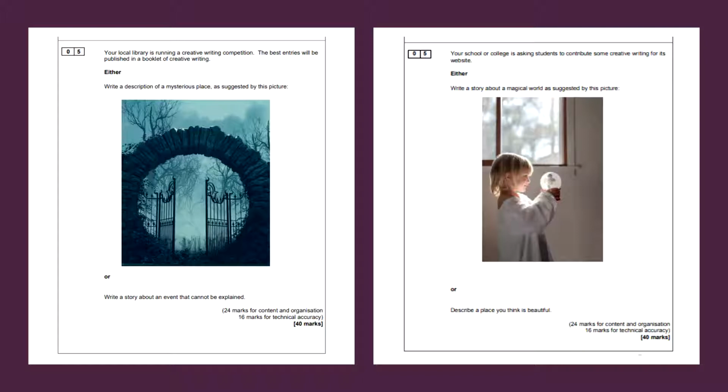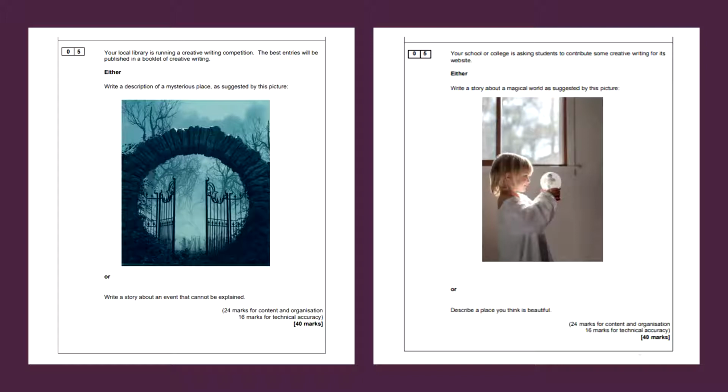Now in the exam, we don't know what's going to come up. We don't know whether the description is going to be based on a picture or whether the description will not be linked to the picture. So if we look in the left hand side, that first exam paper, write a description of a mysterious place as suggested by this picture, you are using the picture to inspire a description of a similar place, or how that photograph makes you think about a similar setting.